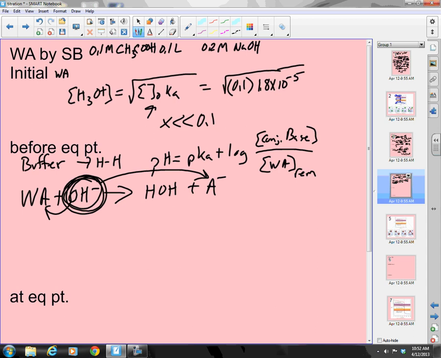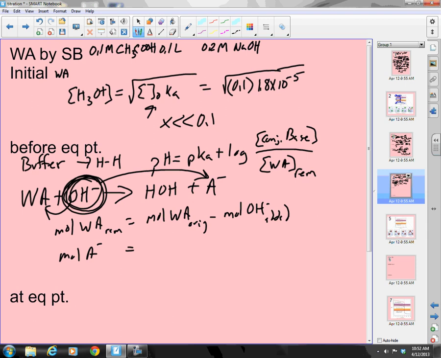So I'm going to need the moles of weak acid remaining. How am I going to get that? I'm going to take my original moles of weak acid minus moles of hydroxide added. Got it? Good.